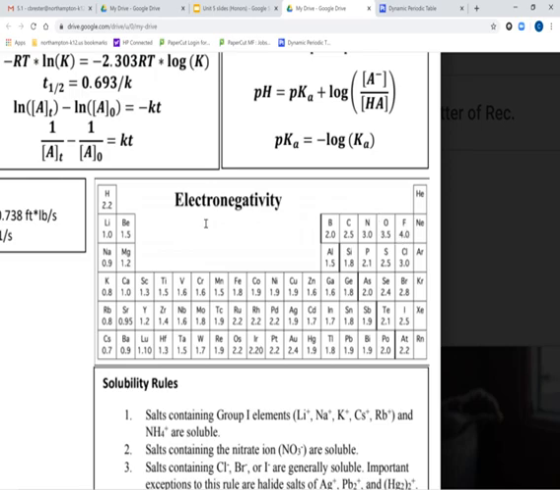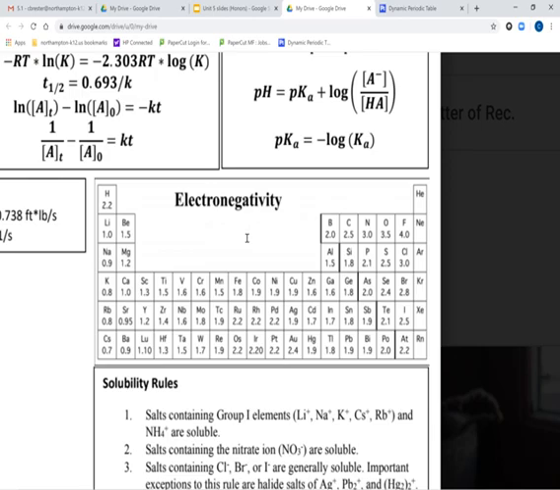Now, electronegativity isn't something that we really talked about, so let's discuss what those numbers mean.